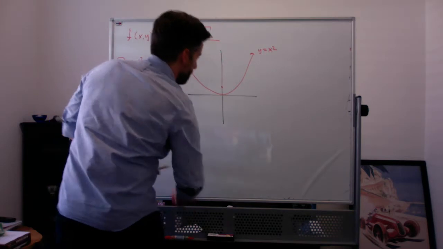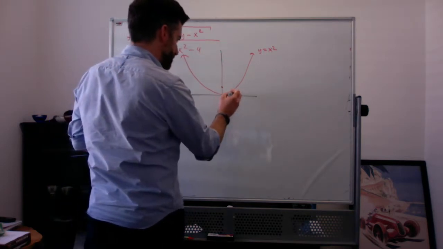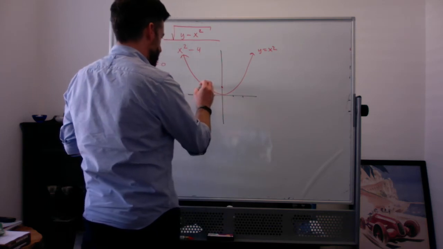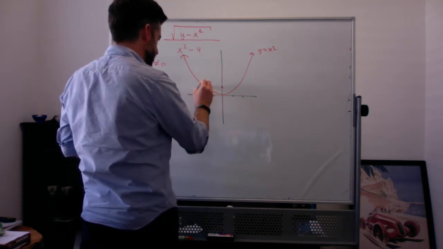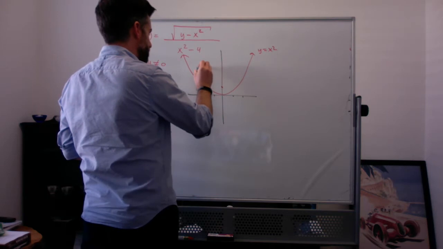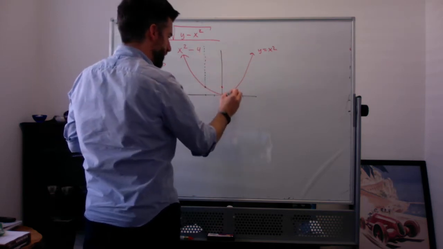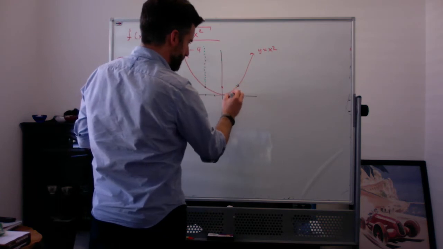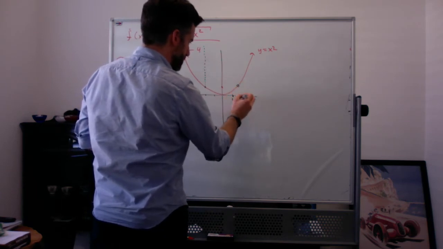So over here at, say, 2 and negative 2, we don't get any of this. It's a weird looking domain, I have to say. Sorry, my parabola is not very symmetric here. Apologies, that's 1, 2.